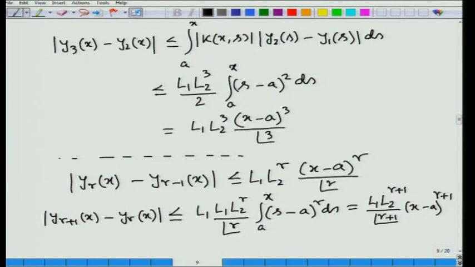So, that means this induction hypothesis we have assumed for r, we proved it for r plus 1.